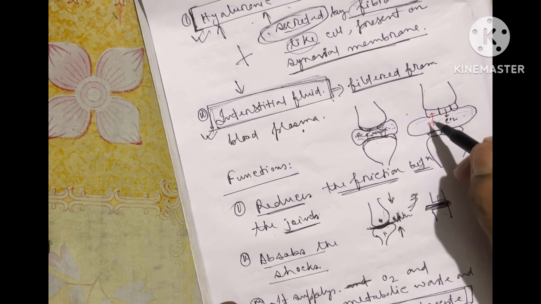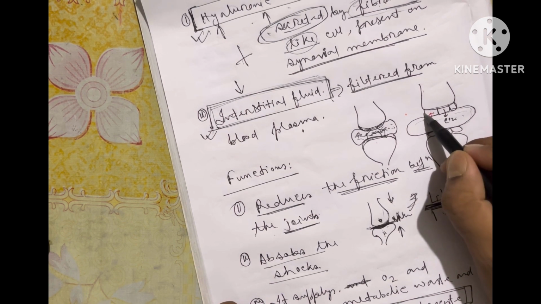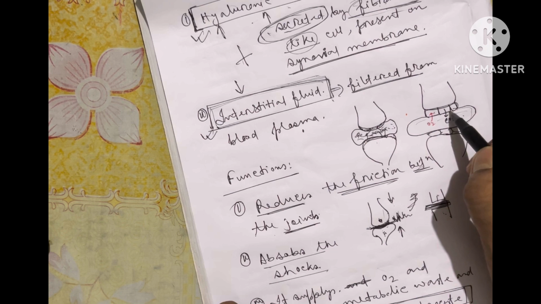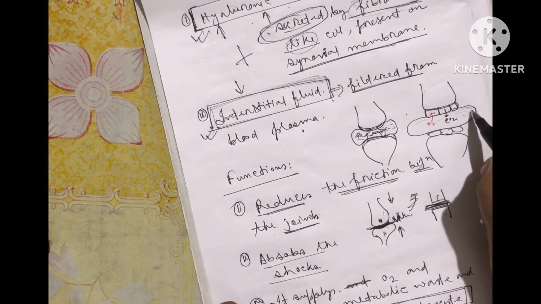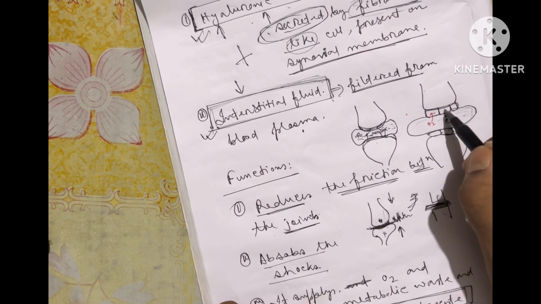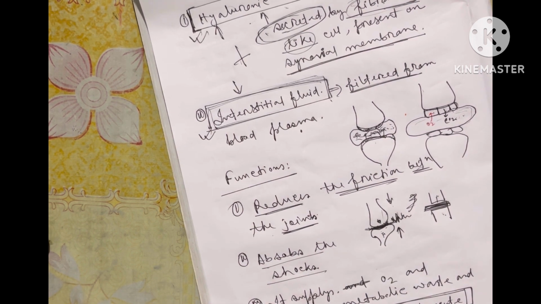So synovial fluid will give the oxygen to the chondrocytes, and the chondrocyte is nothing but the structural and functional unit of our cartilage. This is the hyaline cartilage. These hyaline cartilage cells, the chondrocytes, will receive oxygen from the synovial fluid, and the chondrocytes withdraw their carbon dioxide into the synovial fluid, and from the synovial fluid the carbon dioxide goes out through the veins.